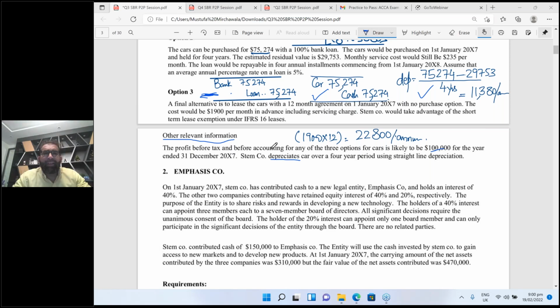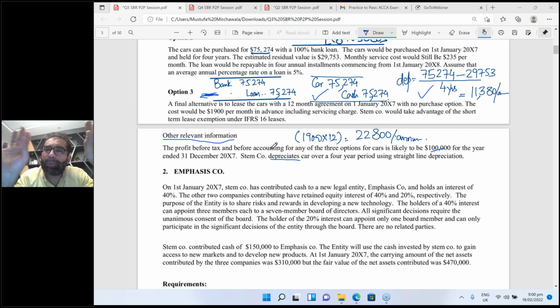22,800. Okay, right? So now listen, in this third case, the company would take advantage of the short-term lease exemption under IFRS 16. So no need to book any ROU, no lease obligation.